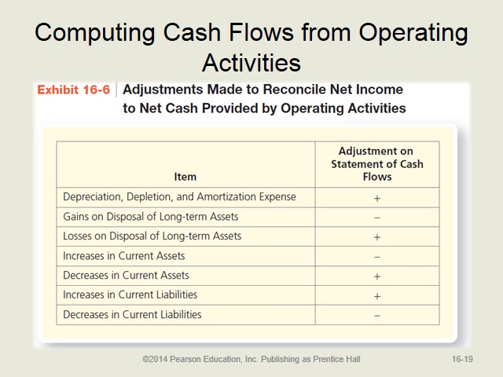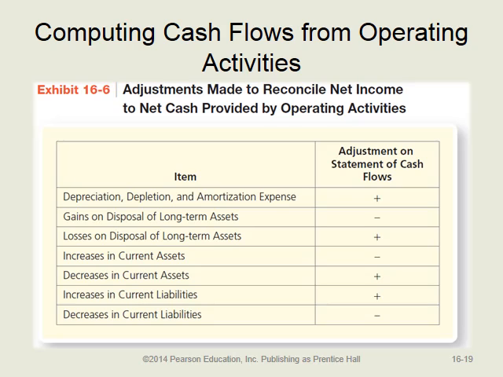Third, we're going to add accounting losses back to net income. These losses, such as loss on sale of equipment, are not cash flows that are related to operating activities, so their effect should be eliminated from net income. Fourth, when current assets increase, we will treat that as a use of cash and subtract it from net income.